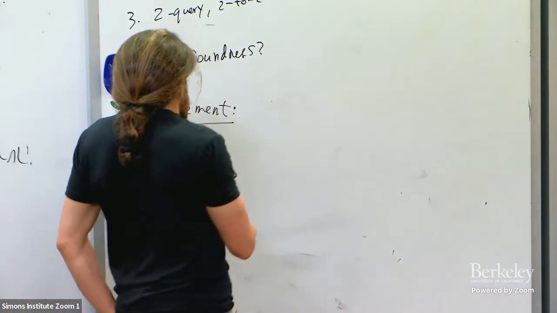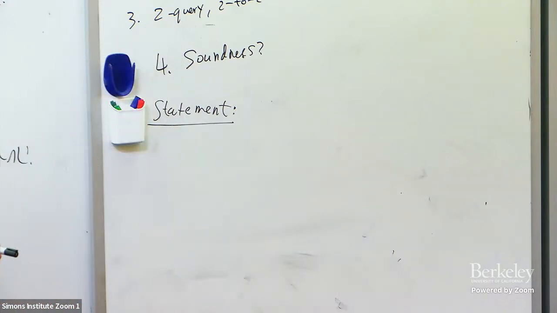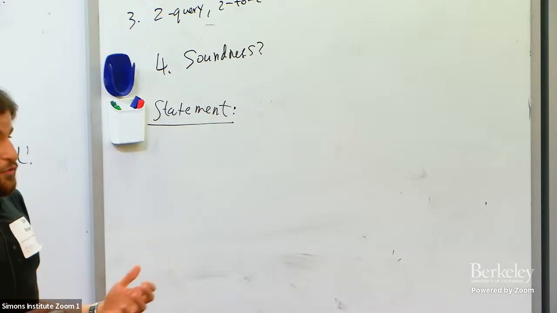So what would you expect? You would expect that if you have an assignment F that passes this test with noticeable probability, then it must be because it's correlated with something global.